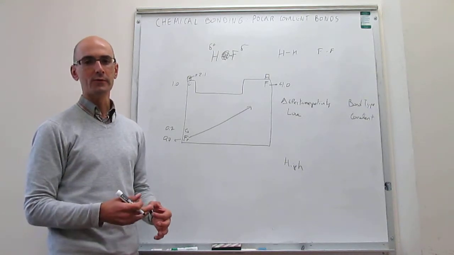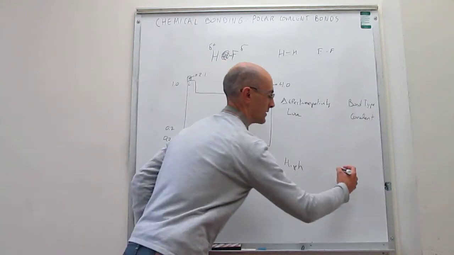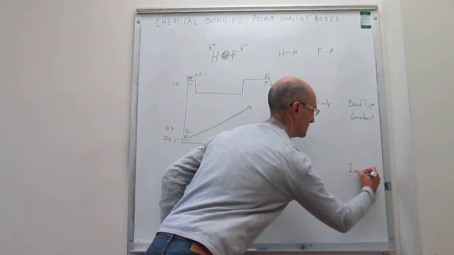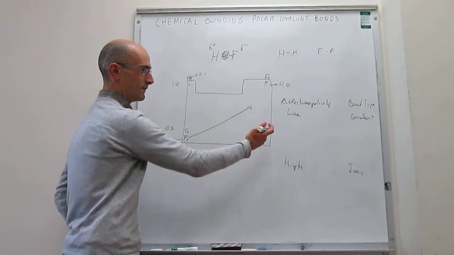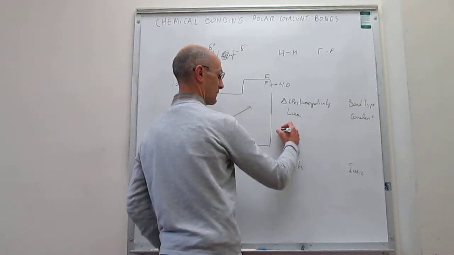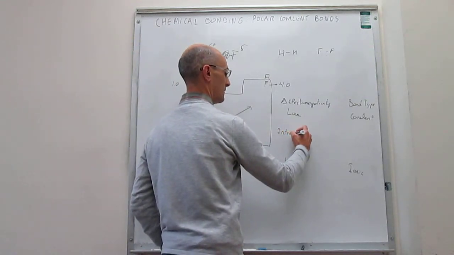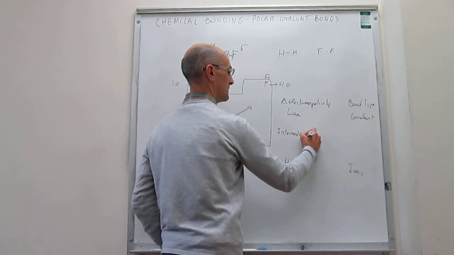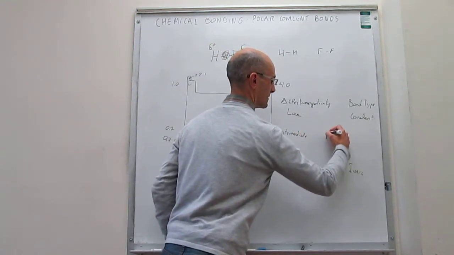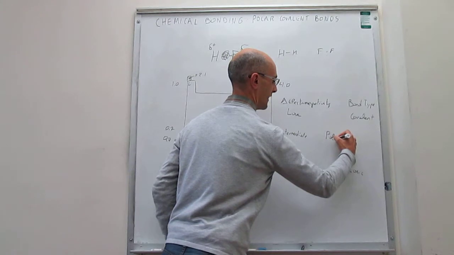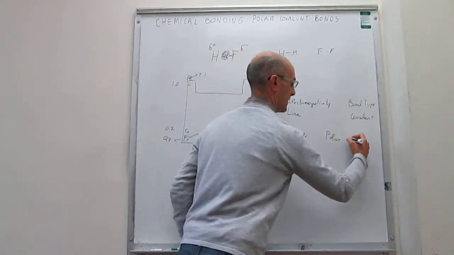So there's full electron transfer there, and this is what we understand as an ionic bond. When you have something intermediate, this is what gives rise to the polar covalent bond, which again is kind of a hybrid between a covalent and ionic bond.